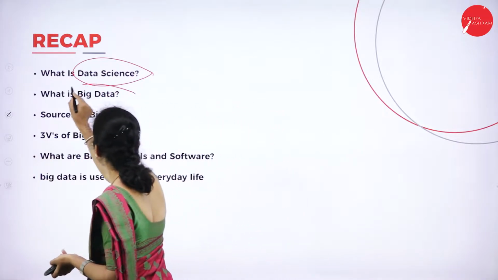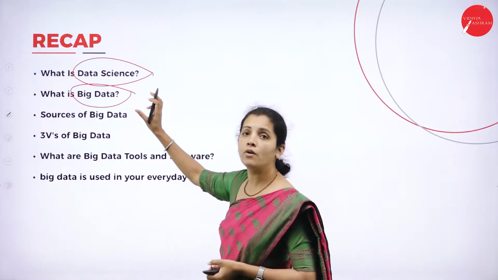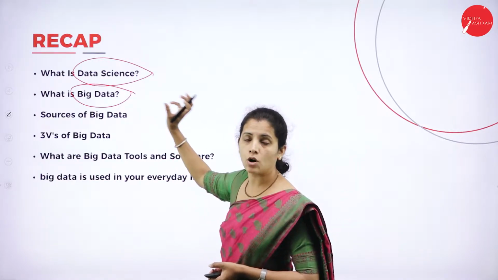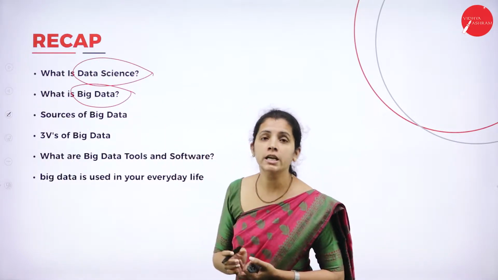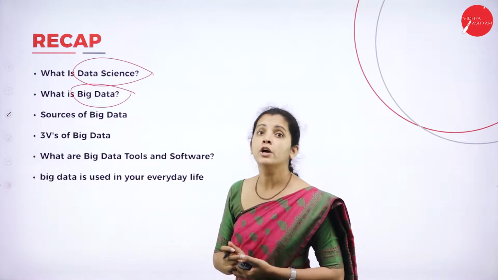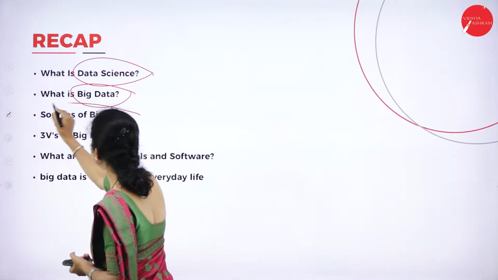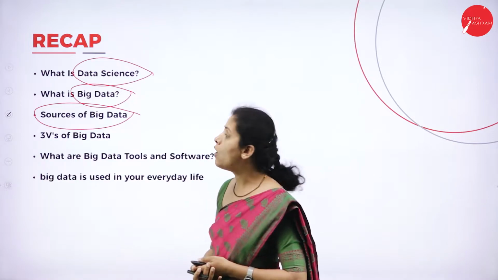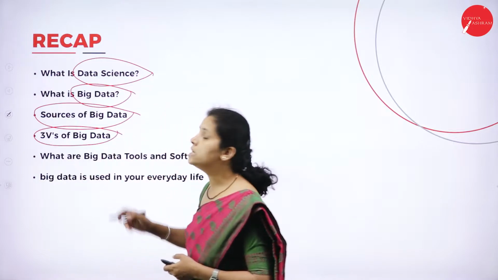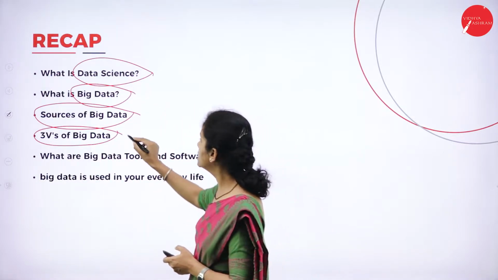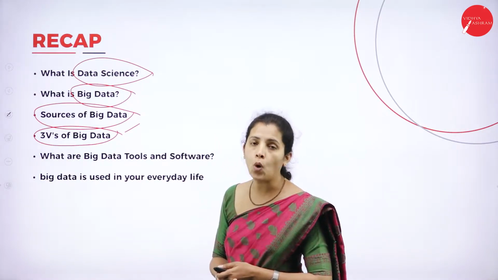Then I discussed big data. So what is big data? The size of the data is large, huge or massive, and it is measured in terms of petabyte, yottabyte or zettabyte. Along with that, I discussed the different sources of big data, and the characteristics of big data, that is the 3Vs: velocity, variety as well as volume.